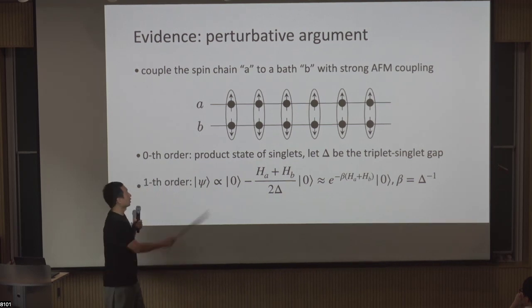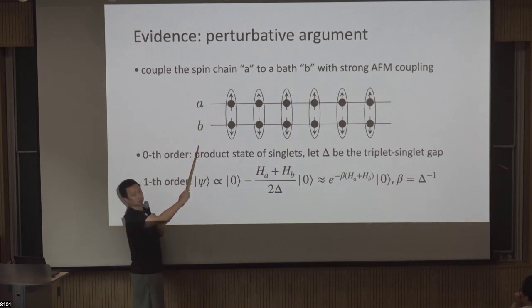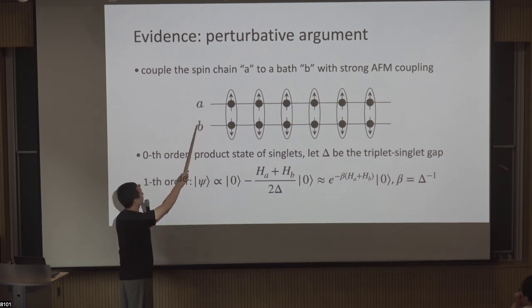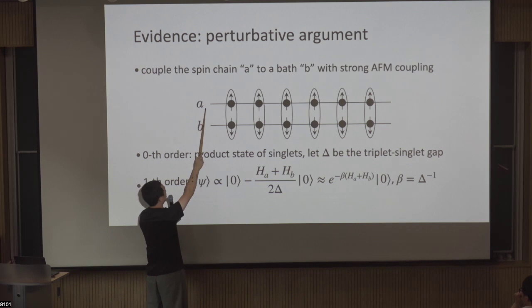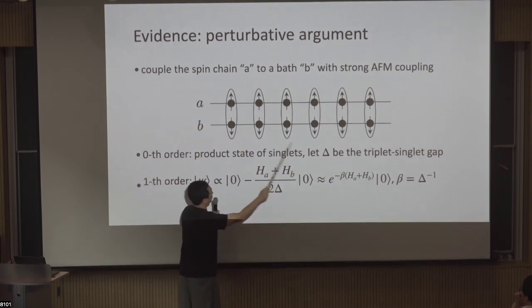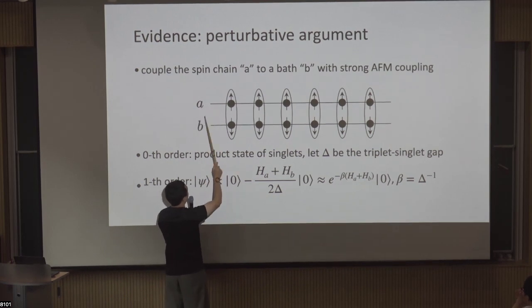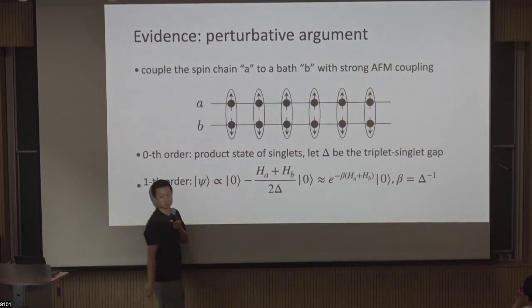So it's maximally mixed between A and B, like the thermal field double at temperature equals infinity. And you apply imaginary time evolution, e to the minus beta HA to this, e to the minus beta HB to this.